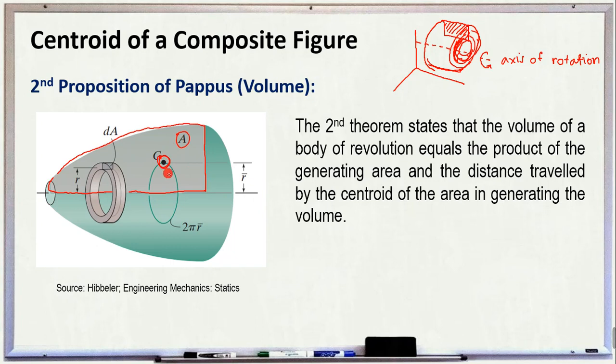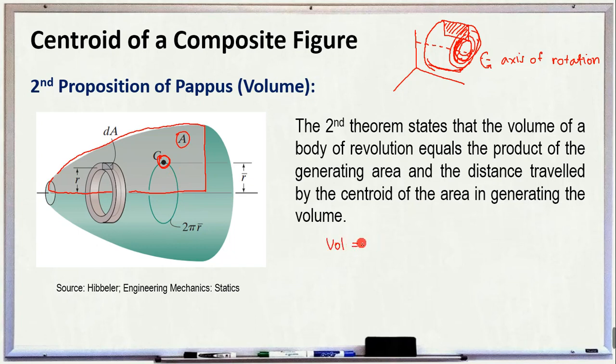Now, if the centroid is defined, then the volume that is being generated is just equal to the product, no? To the product of the circumference times the area.